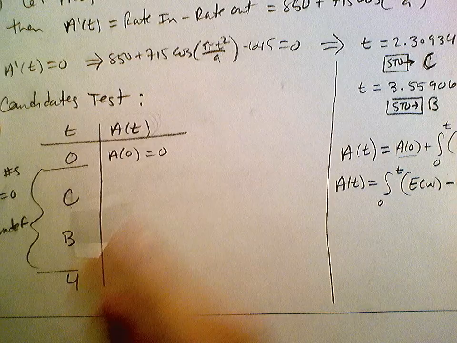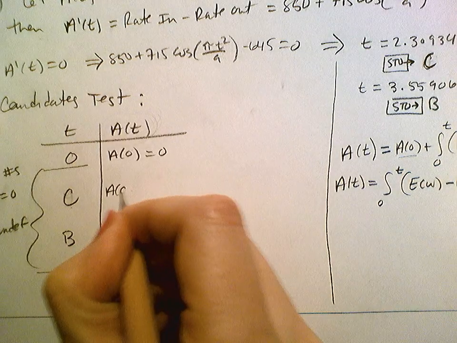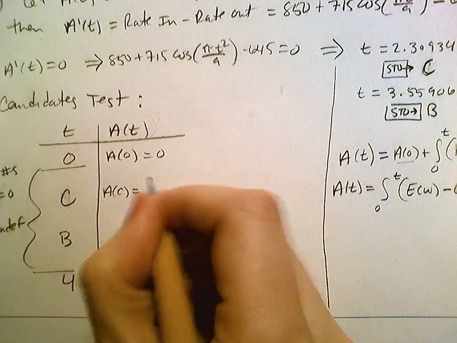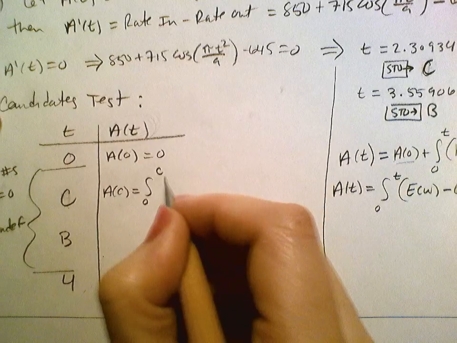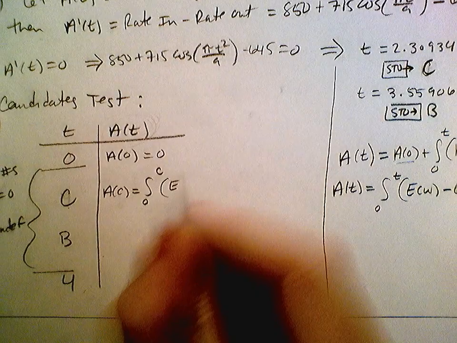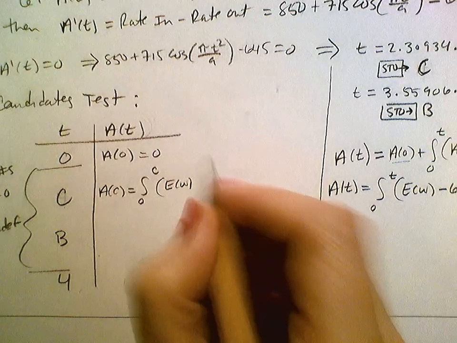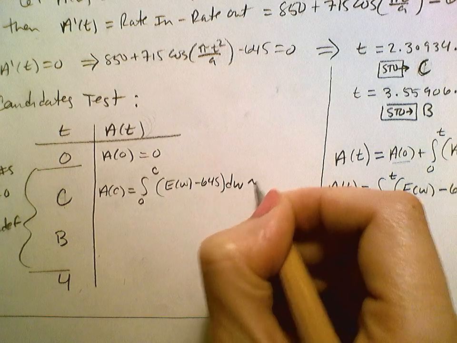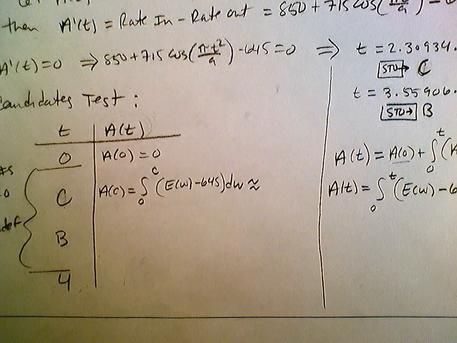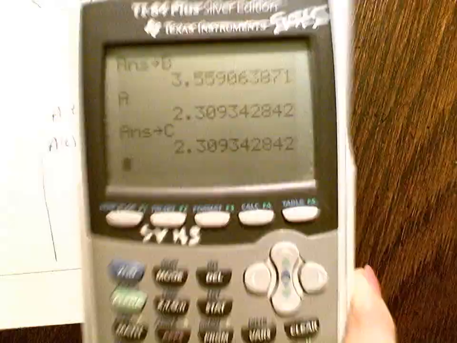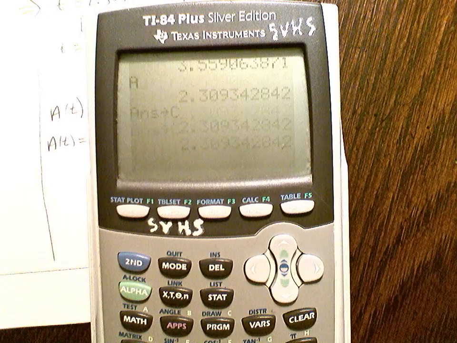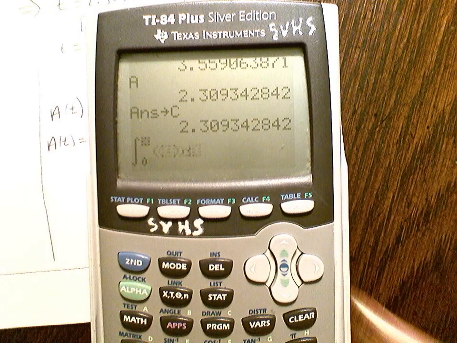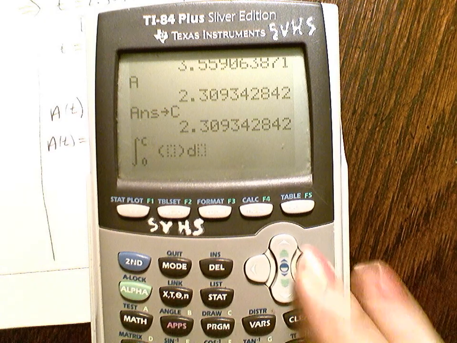Now we need A of c, and that's going to be equal to the integral from 0 to c of E of w minus 645 dw. And this will be approximately something. So in my calculator, I go math 9, 0 up to c.